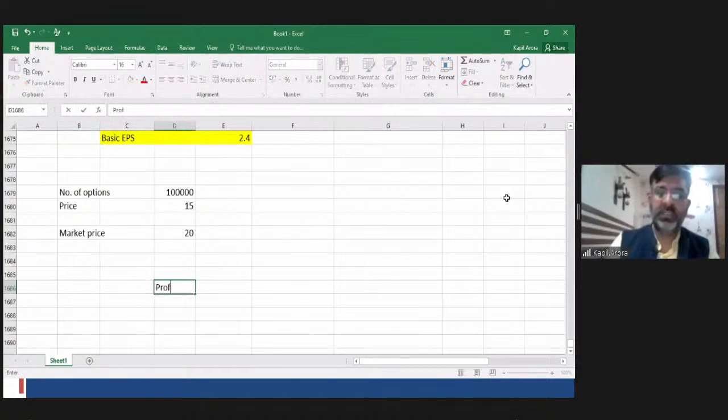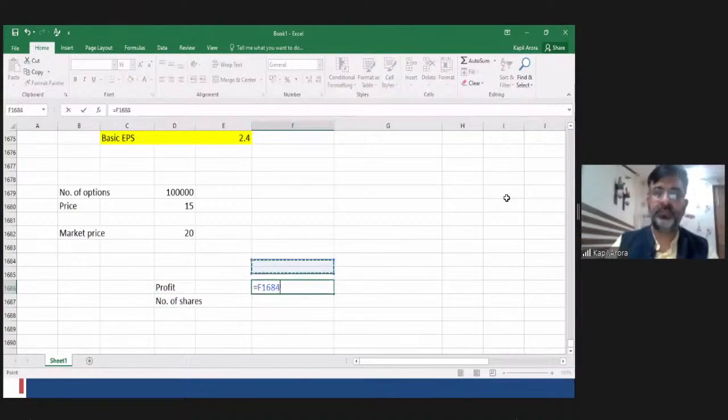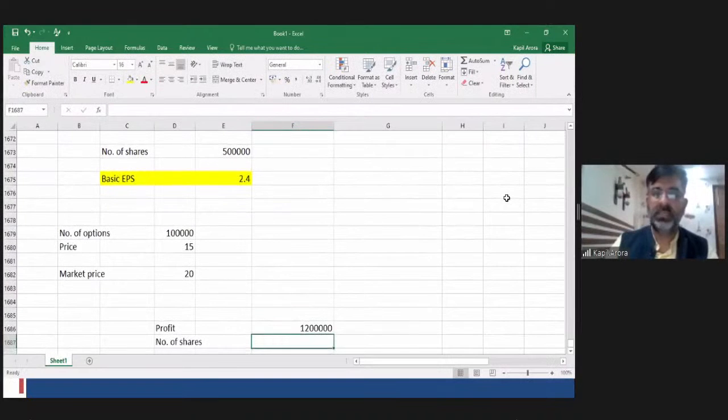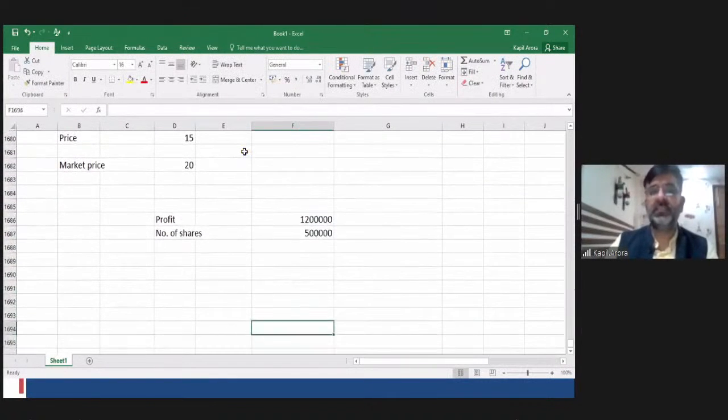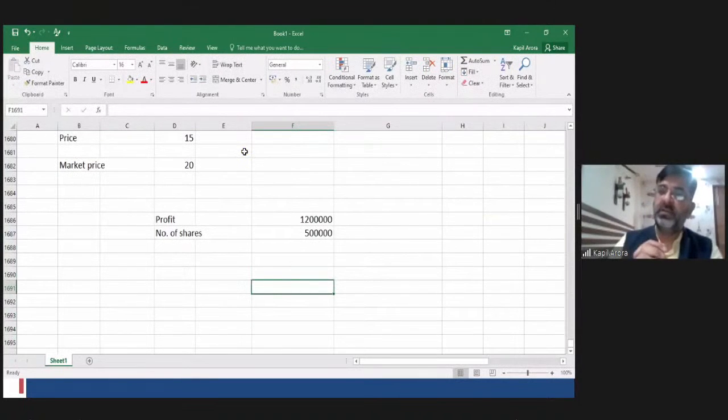So my profit is 12 lakh, and the number of shares is 5 lakh. If these options get exercised, what would be the impact on both profit and number of shares?